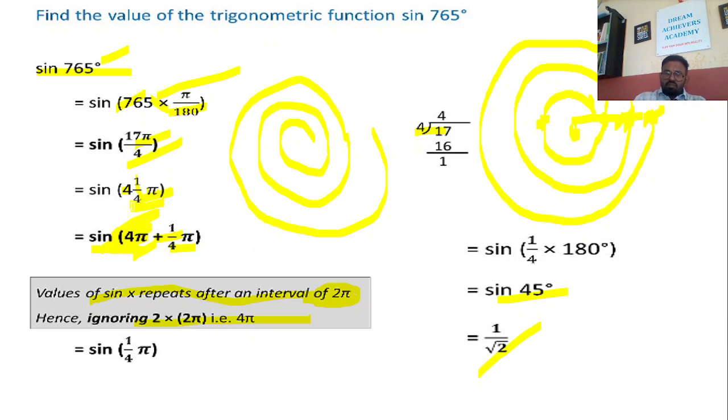That's why we ignore the 4 pi value. Sin 4 pi is 0. Next I write only the direct value of sin pi by 4, that is 45 degrees. So sin 45 degrees is 1 by root 2. These are all the basics. Next.